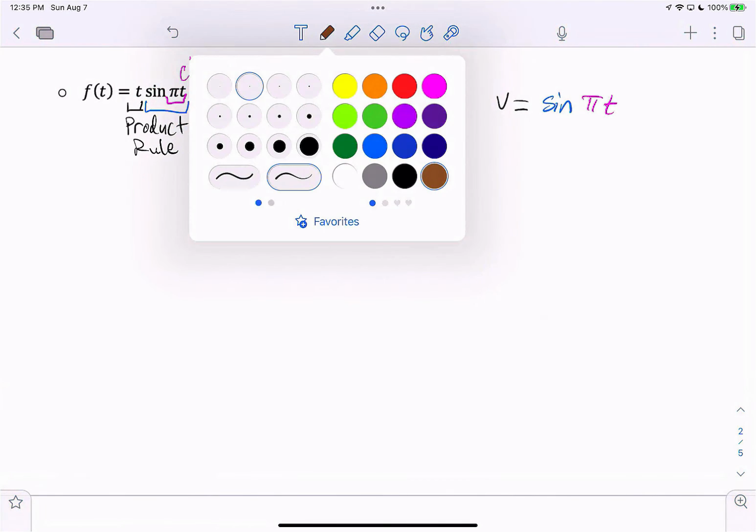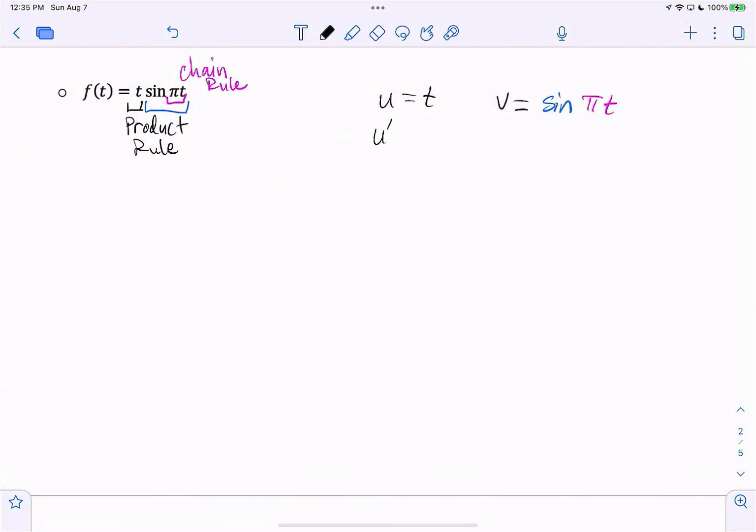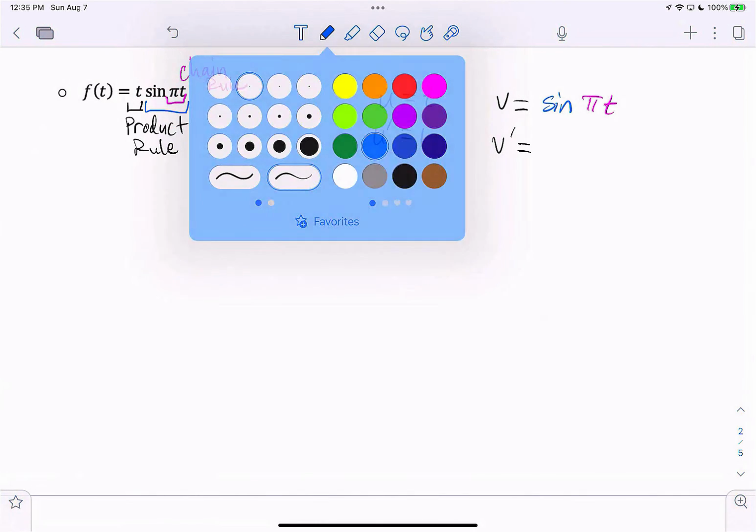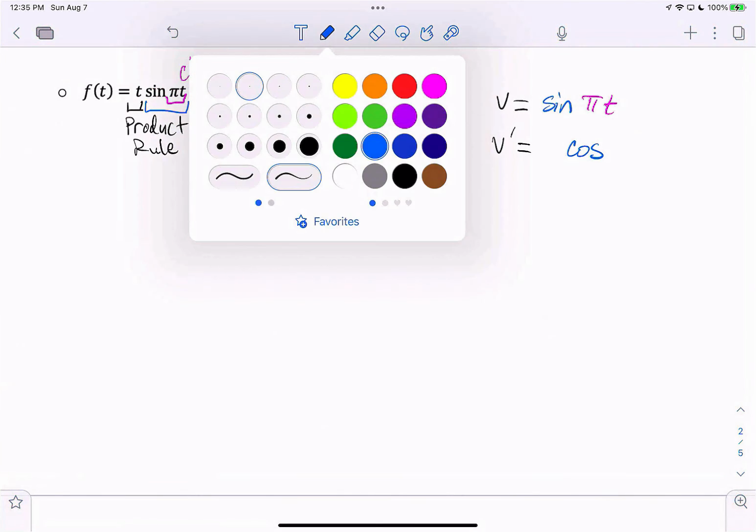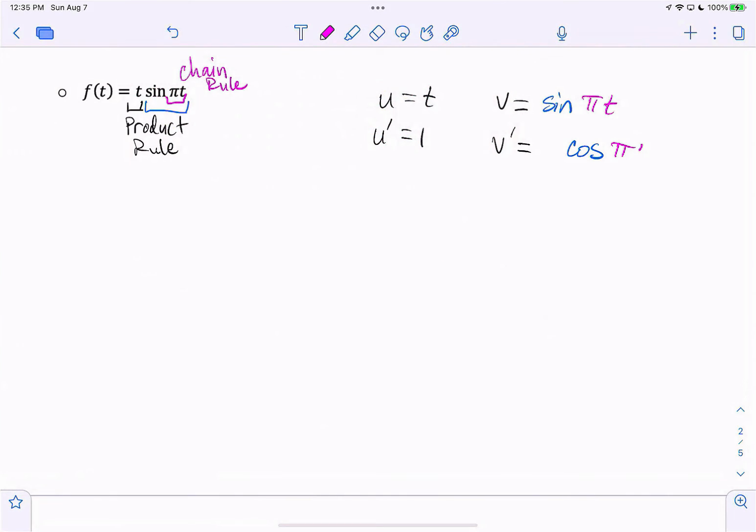Now the derivative of u, so u prime, is equal to 1. And then the derivative v prime is equal to, well, the derivative of the sine is the cosine. The sine was holding a pi t, so the cosine has a pi t. And then because of the chain rule, the derivative of pi t is going to come out as a coefficient, so I'm going to put pi out front.